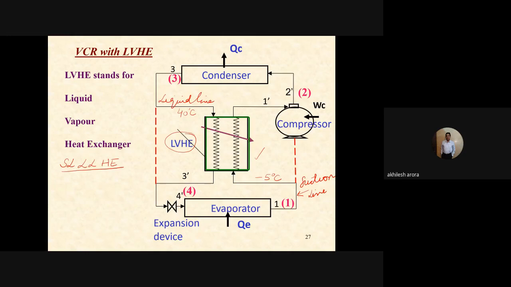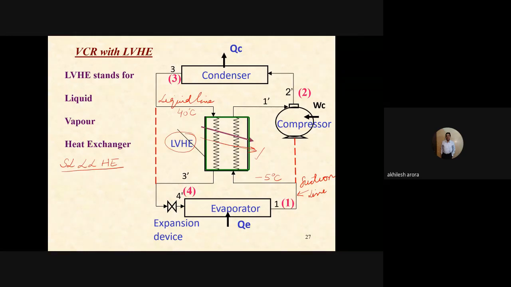Okay. So what will happen? The temperature of the refrigerant in the liquid line is 40 degrees Celsius, whereas the temperature of the refrigerant in the suction line is minus 5 degrees Celsius. Okay. So there will be heat transfer from the liquid refrigerant to the vapor refrigerant in the suction line. So the heat transfer will take place from 40 degrees Celsius to minus 5 degrees Celsius.